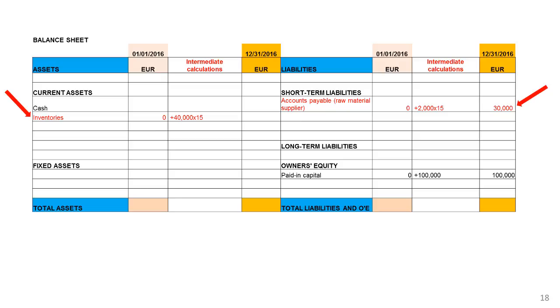Hence, in our case, the final balance of accounts payable, raw material supplier, is only equal to the impact of the transaction under analysis. We do not try to come up with the final balance of inventories yet, because the sales of the company also impact the volume of inventories.